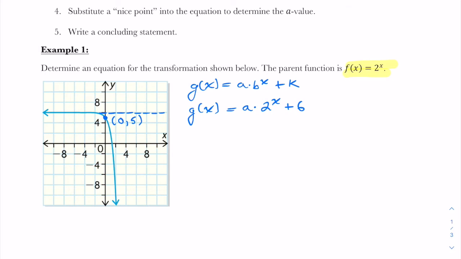So we plug in this point, 5 becomes g of x, which recall is the y value. Plug in 0 for x. And now you solve for a. So 5 equals a multiplied by 2 to the exponent 0. Anything to the exponent 0 is 1.